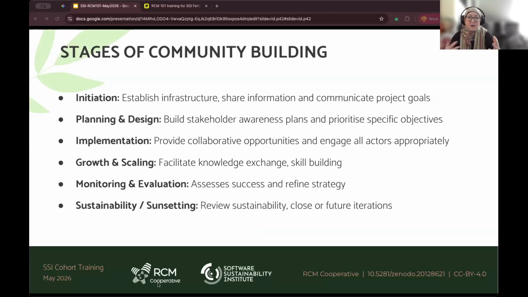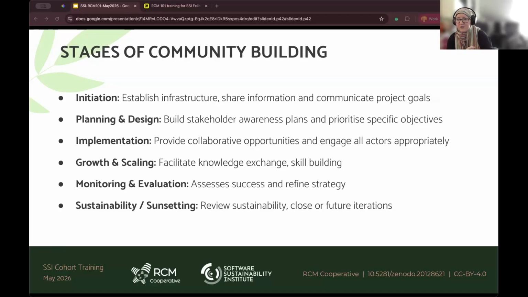So thinking about communicating all of the time with the community members. And then the planning and design stage, this is where you're building stakeholder awareness plans, engagement plans, communication plans, all prioritized to your objectives in the community. Could also mean things like stakeholder mapping to understand who you should be engaging with in your particular community, if you want to expand it particularly.